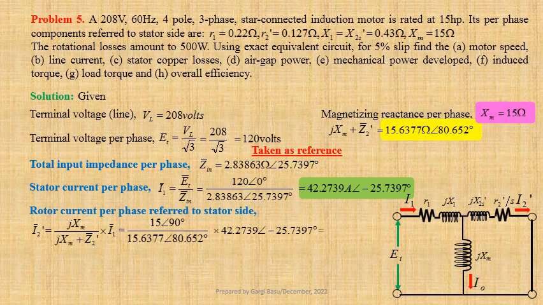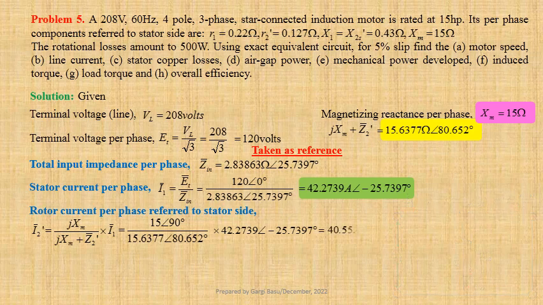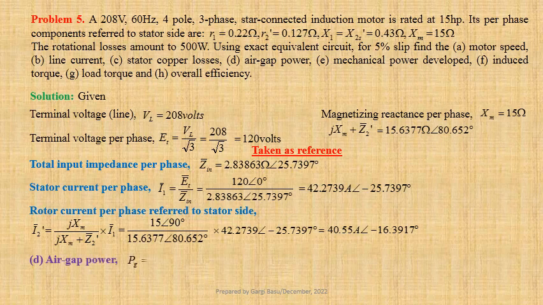That gives us 40.55 ampere at an angle minus 16.3917 degree.